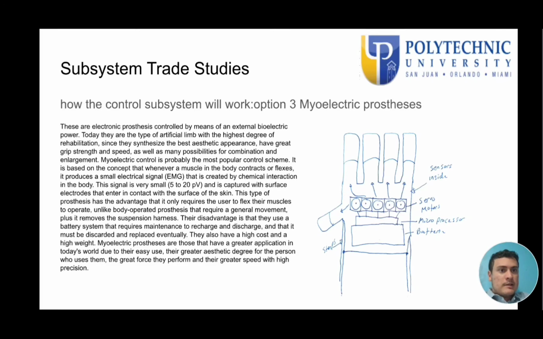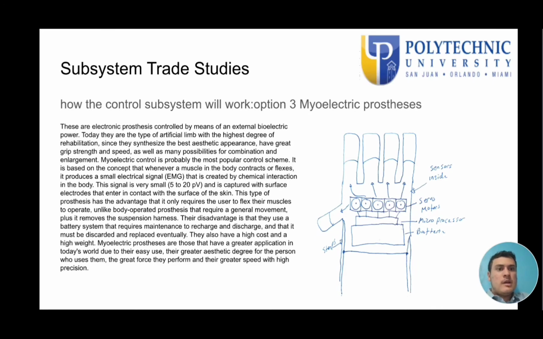The disadvantage is that they use battery systems that require maintenance to recharge and discharge, and that must be discarded and replaced eventually. They also have a high cost and a high weight.